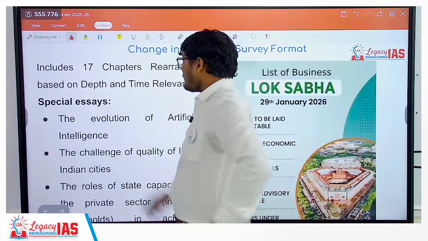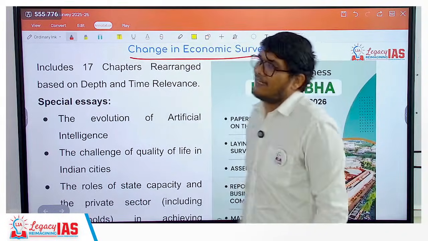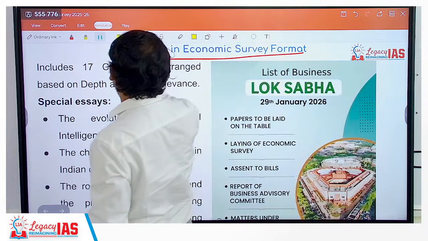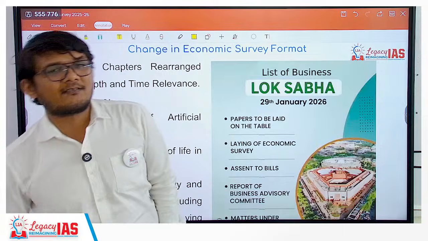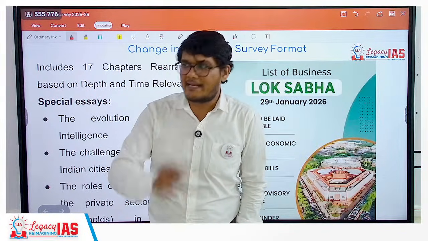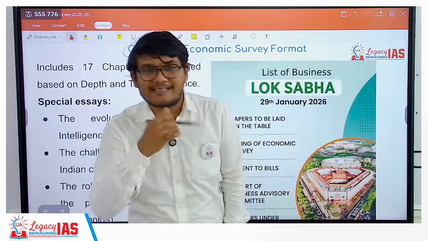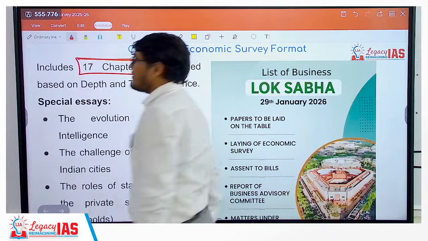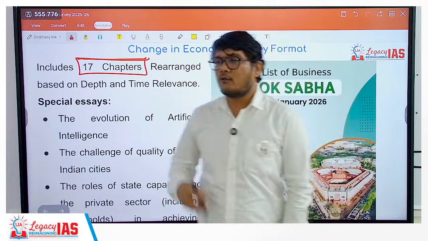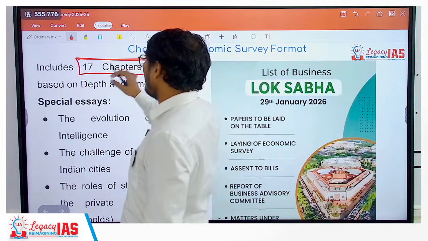Now, next is the change that has taken place in the economic survey. So what is this change that has taken place? If you look at the previous year's economic survey, the number of chapters were less. Now they have increased the number of chapters to 17. In fact, you may not find the 17 number over there.